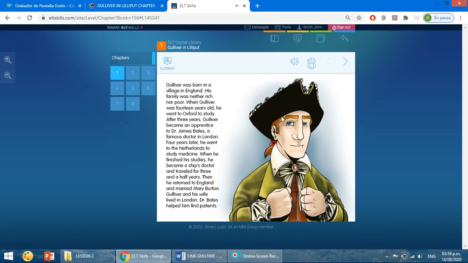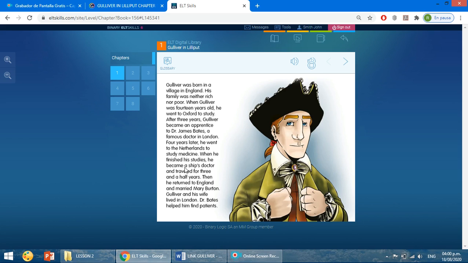Okay, in this page we can see that he was born in England, London, the capital. So he became an apprentice of Dr. James. Okay. Then he travels to Netherlands to study medicine. So he became a doctor.